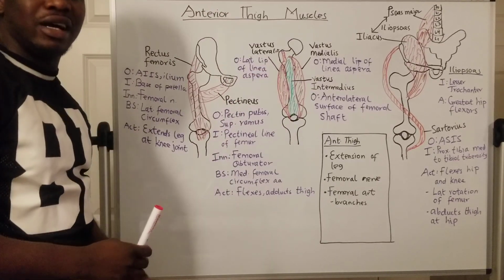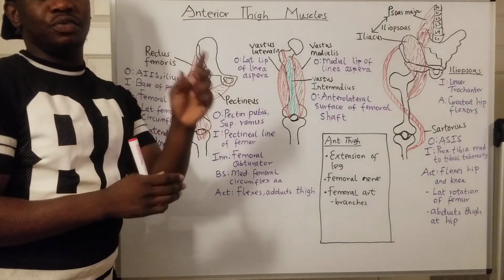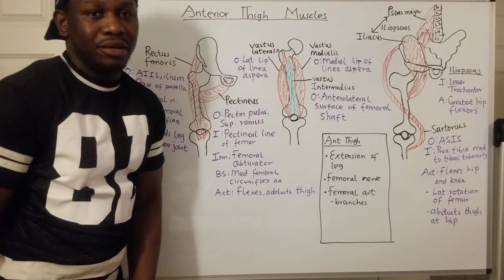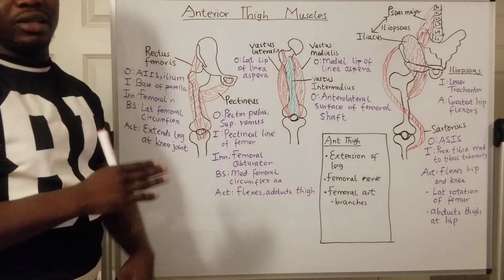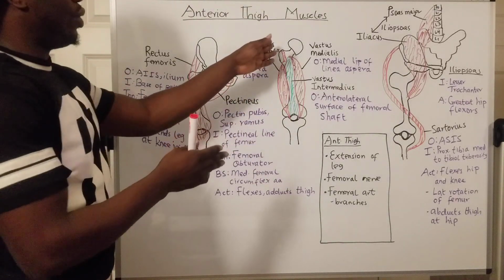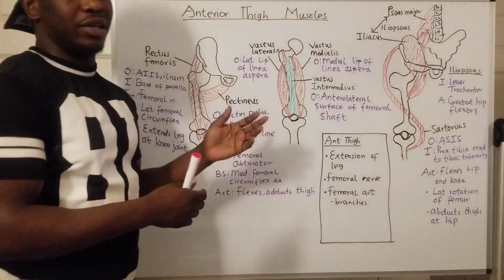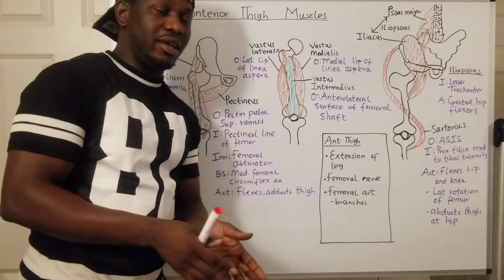What is the linea aspera? Linea aspera is a line which is found on the femur. The femur is the bone which is in the thigh. So on the lateral side of the linea aspera, that's where the vastus lateralis originates from. And what's the insertion? Common insertion, the base of the patella.